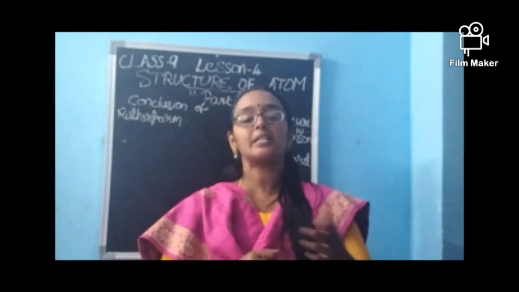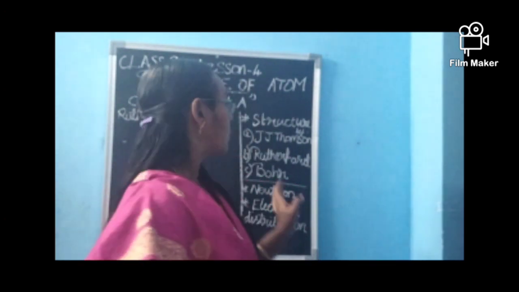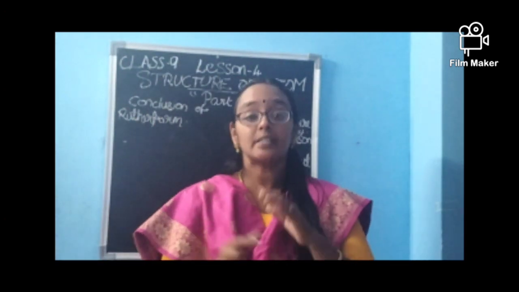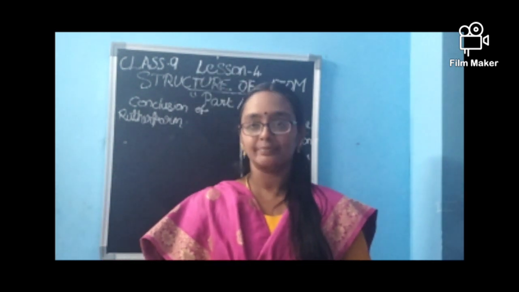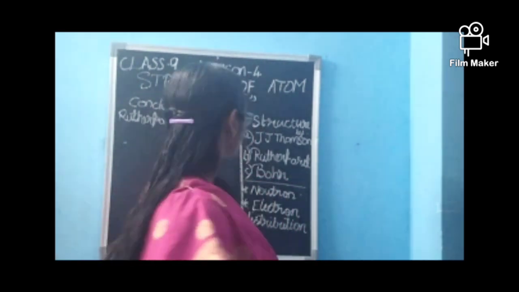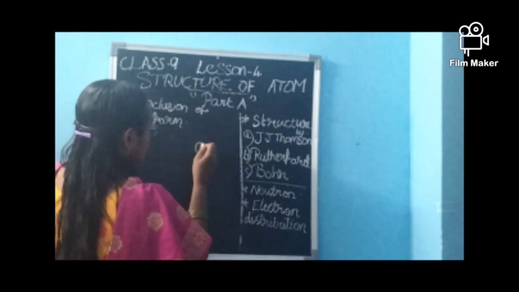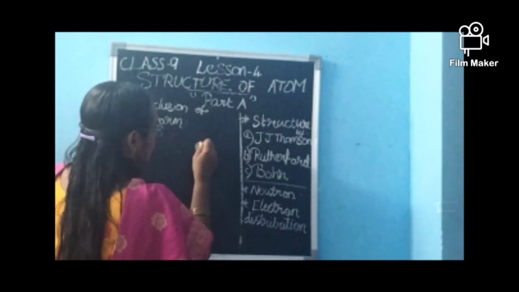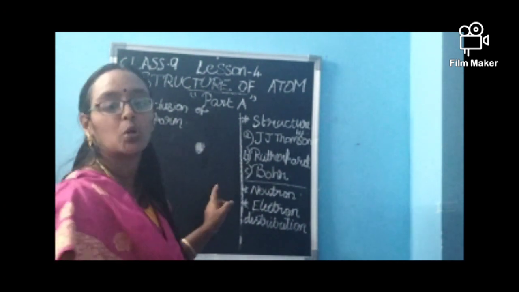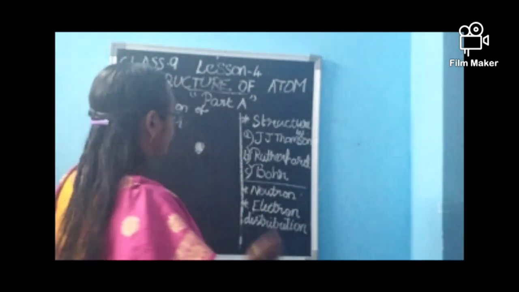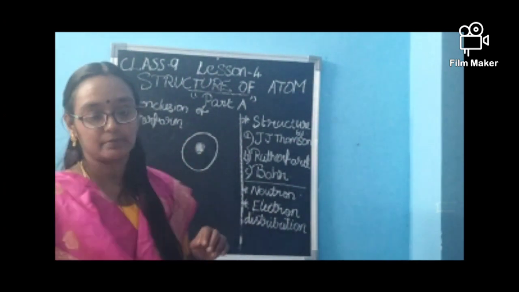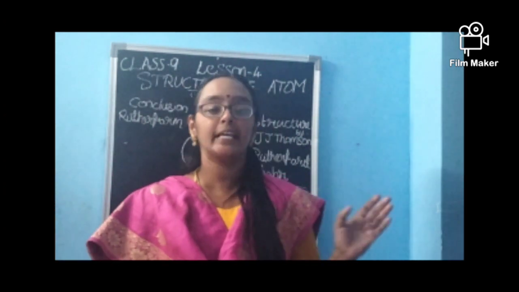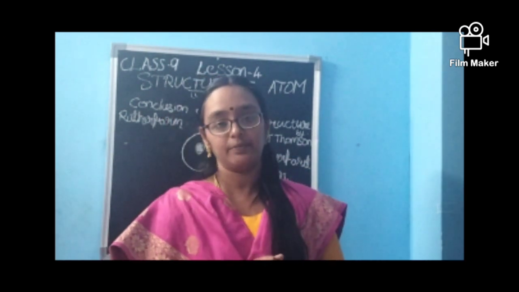To overcome this limitation, Niels Bohr had some discoveries and he found some postulates. That is, as we said, the nucleus is there. All the mass and positive charge is concentrated in this nucleus. And the electrons are revolving around the nucleus in circular paths. He calls these energy levels.